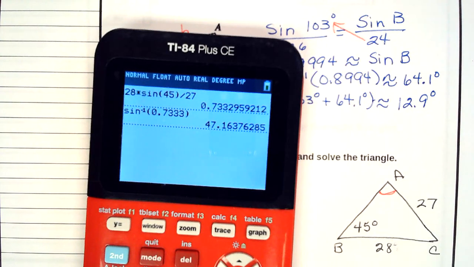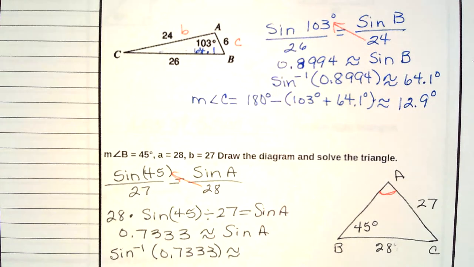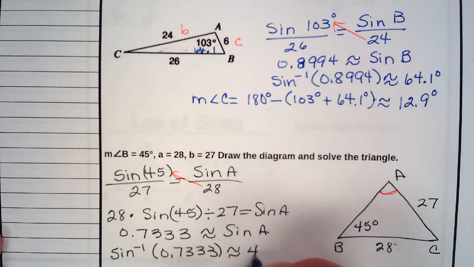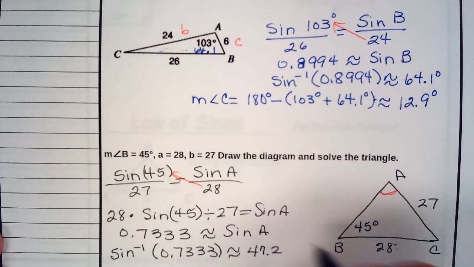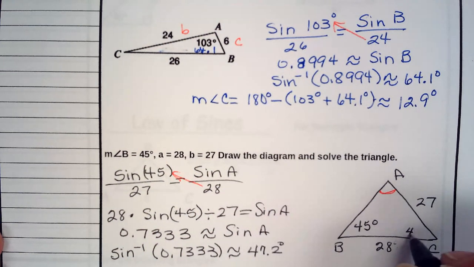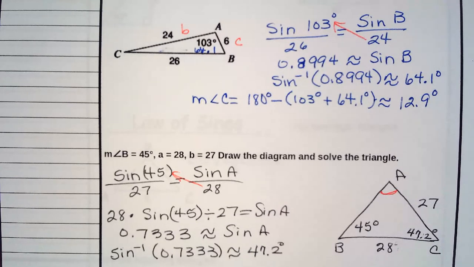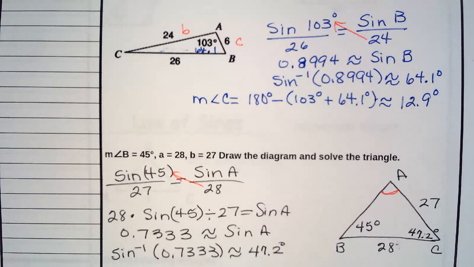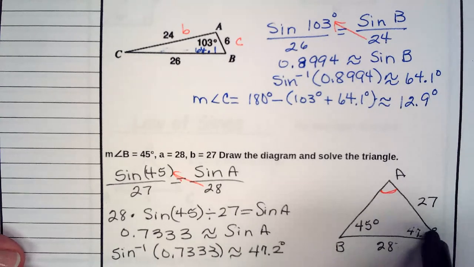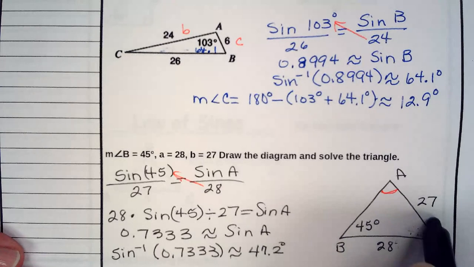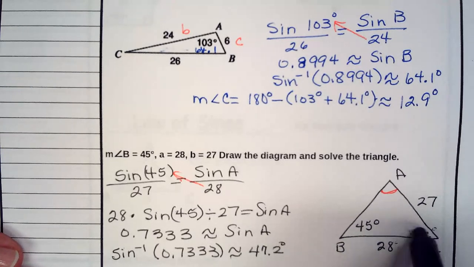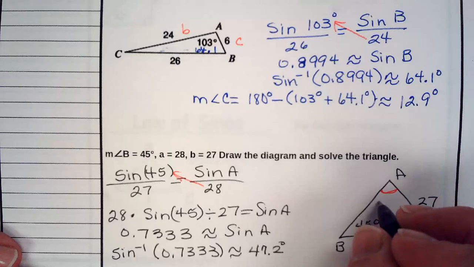Approximately 47.2. Okay, so now, oops, wrong one. That's A, not C. To find C, what is the quickest way? Triangle sum theorem is correct.